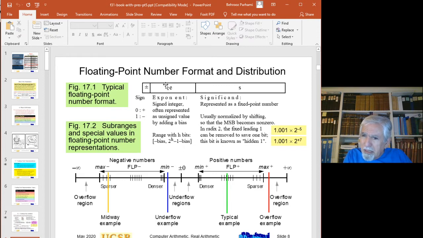That minus bias is the most positive exponent. And then the significand is usually normalized so that the first bit of the significand is always 1. And because the first bit is always 1, we don't need to represent that, saving 1 bit. That's called the hidden bit.